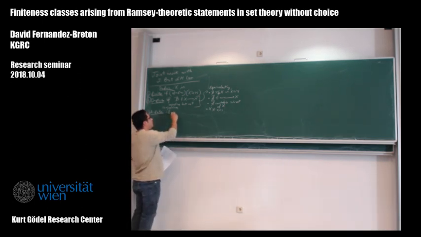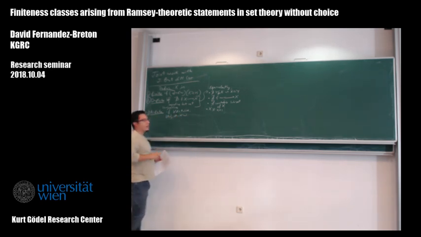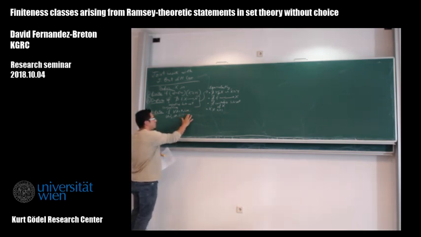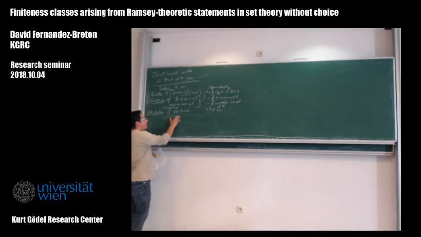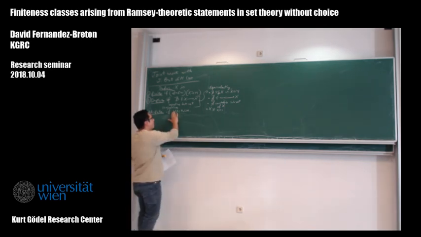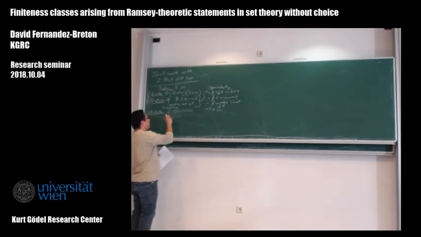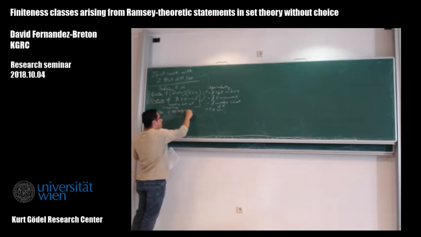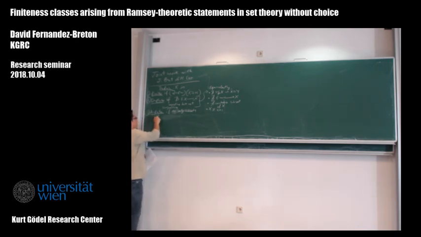X is A-finite if every time you partition it into two cells, both cells are finite. I need to be careful here. I'm just going to say if the only subsets of X are finite and cofinite.